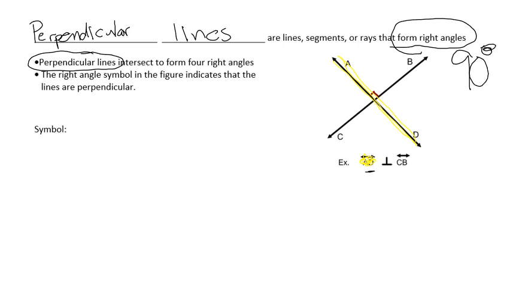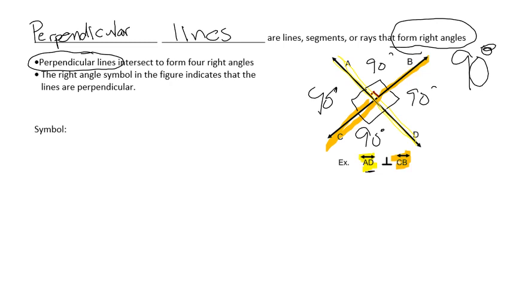Shouldn't have written on that like that. Give me just a second so I can highlight it. There's line AD. Then you have line BC in orange. And when they intersect with one another, they form 90-degree angles. They form one here, one here, one here, and one here. 90, 90, 90, and 90.